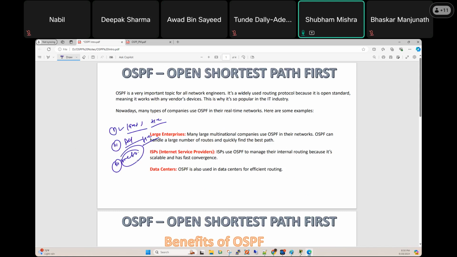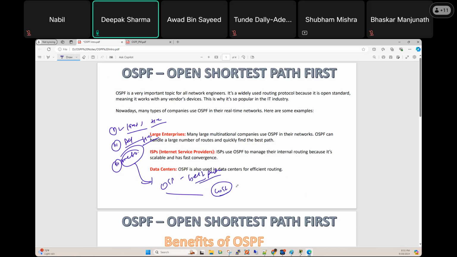It means on the basis of metric, OSPF will choose the best path. And that metric is called cost. In OSPF, the metric is called cost. If you remember, I showed you the formula also, how OSPF generally calculates the cost. Clear? Understand?